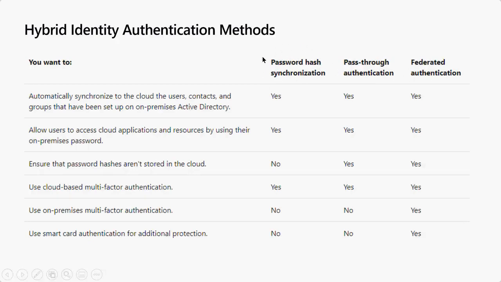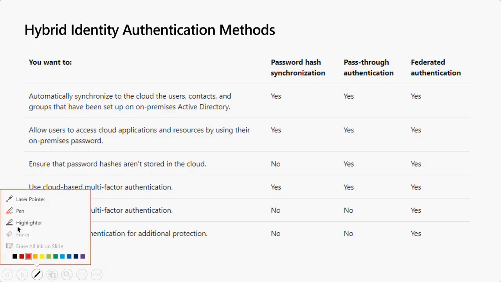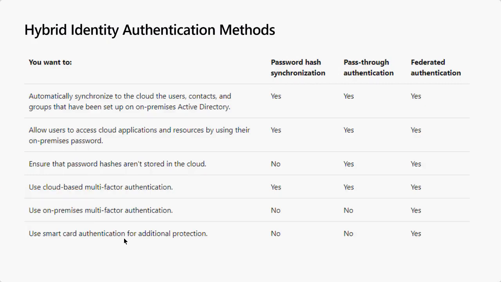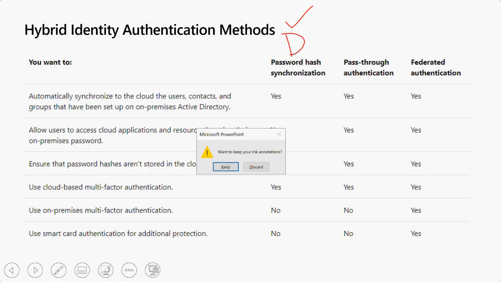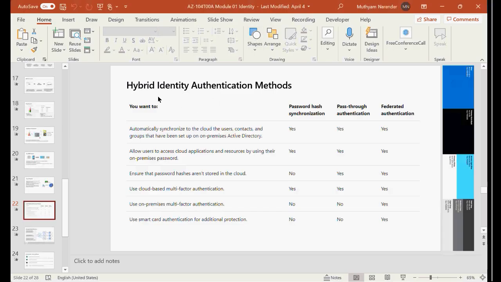By default, it has gone with this one, whenever you deploy AD Connect. This is the default method. What is it going to offer us? That we need to understand. These are the 3 different methods used for enabling authentication for hybrid identities.